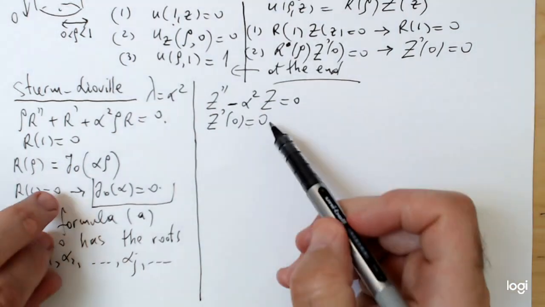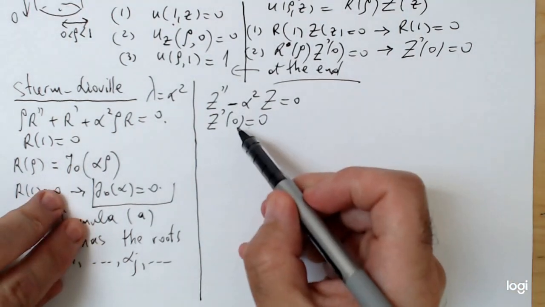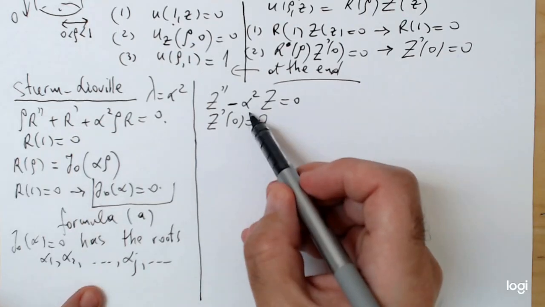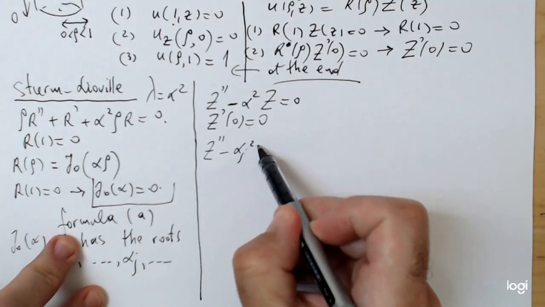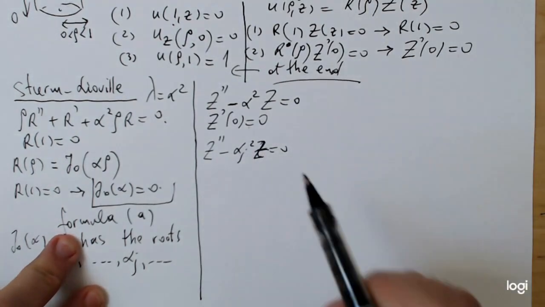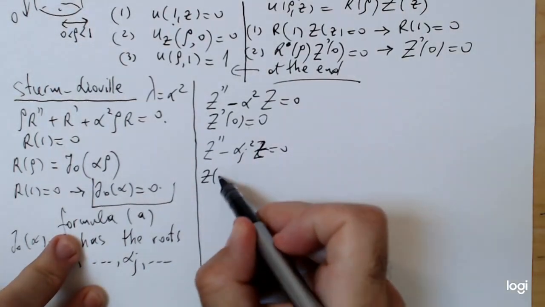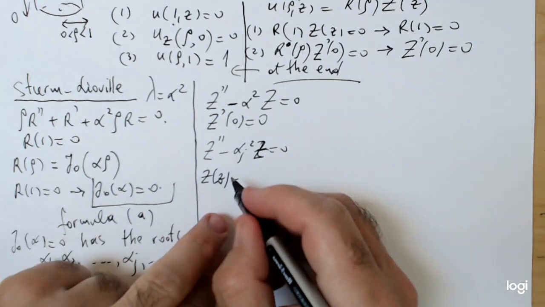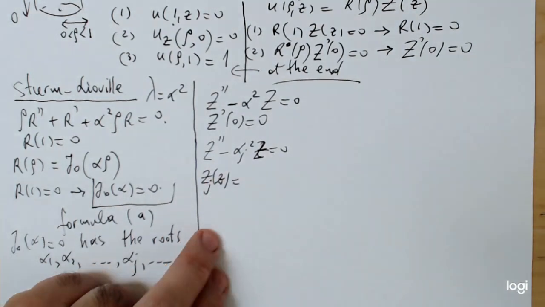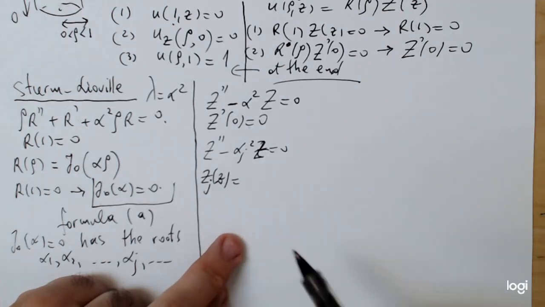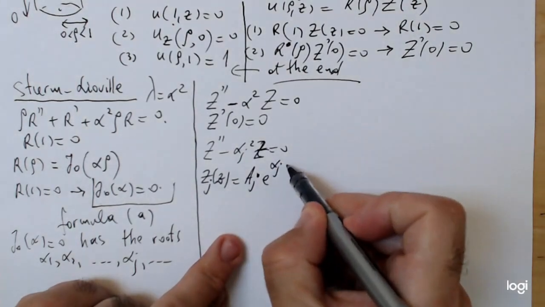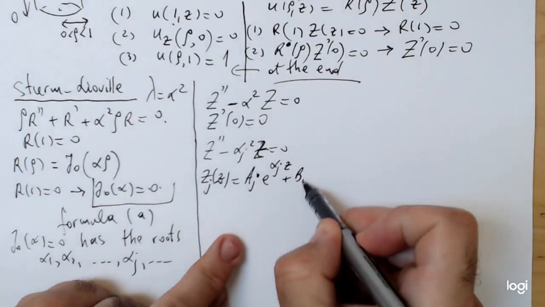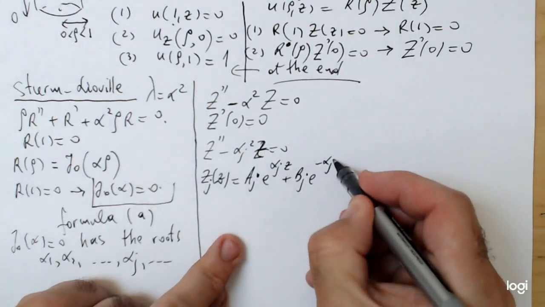So going back now to the equation in Z, we solve that for every alpha j. So we're going to have Z double prime minus alpha j squared big Z equals 0. The solution will be, and we can label it now, big Zj of little z, is going to be some constant Aj e to the alpha j little z plus Bj e to the minus alpha j little z.